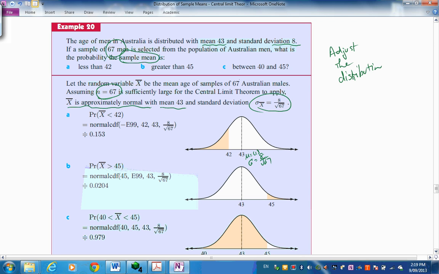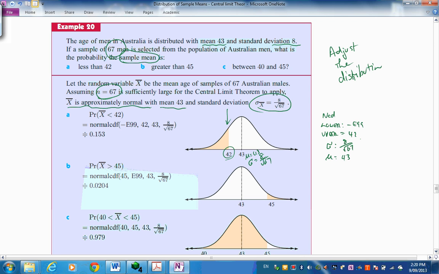So we shade in the probability of the mean of 67 men being less than 42 years old, and so that's the NCD on the Casio, lower is negative 99, upper is equal to 42, sigma, adjusted distribution, 8 over root 67, mean of 43.